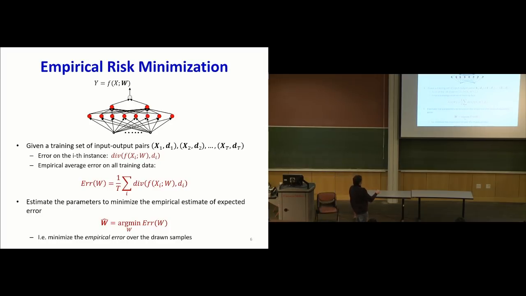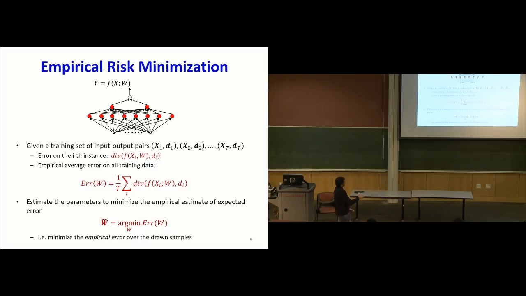And so here is the entire setup. We will be given a training set of input-output pairs, a number of input values x and the corresponding desired output. And on each of these training instances, we will define the divergence function, which is a measure of the error between the output of the network for that input and the desired output for that input.